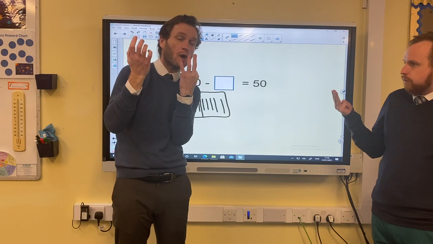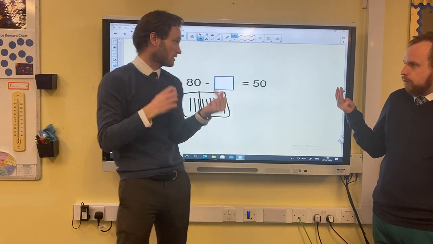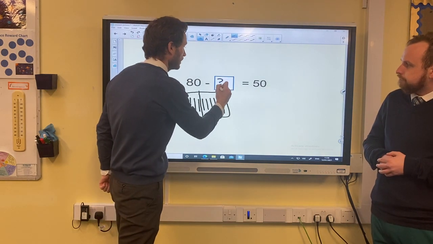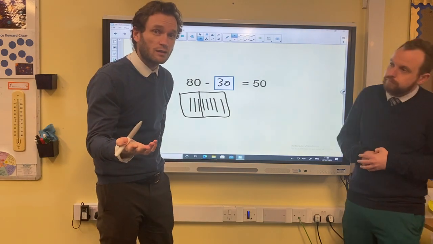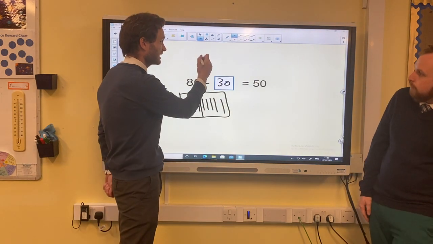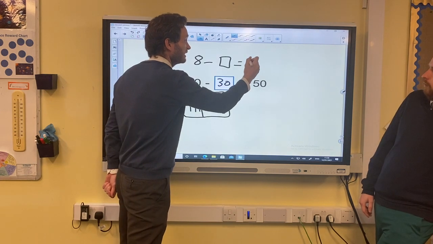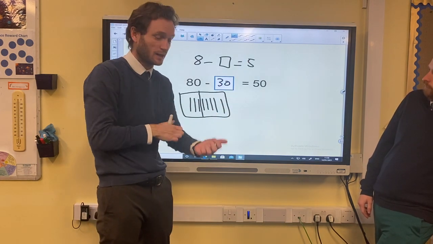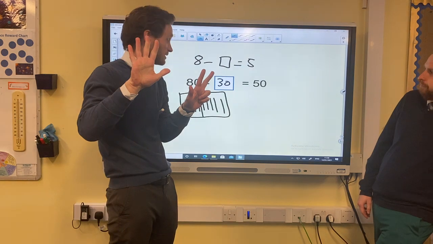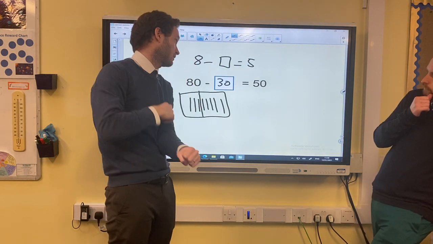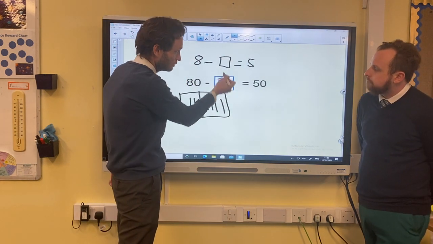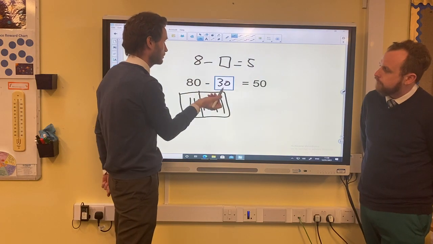So we must have taken away this bit, the 30. Some of you will just think of the pattern you'll notice is basically the same as doing 8 take away something equals 5, isn't it? It's the same sort of thing. So you could just go 8 take away 3 is 5, and then you use that pattern to work out this one.